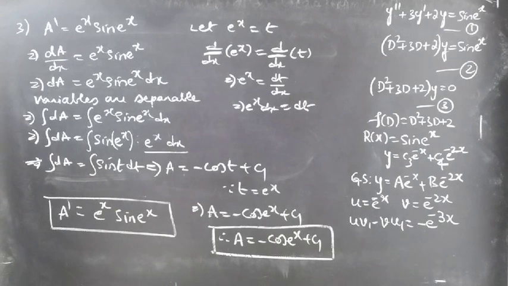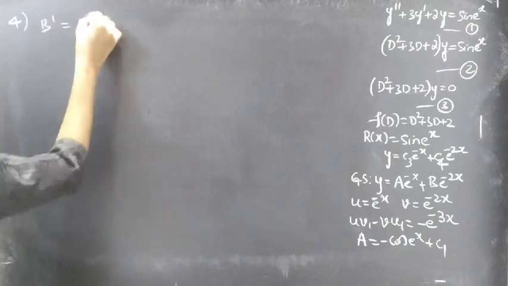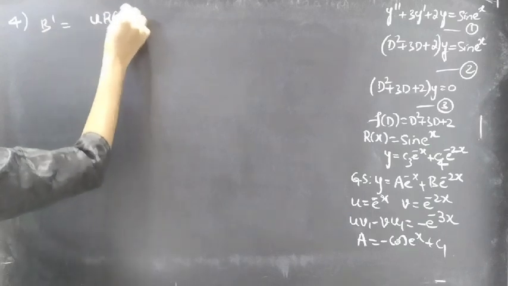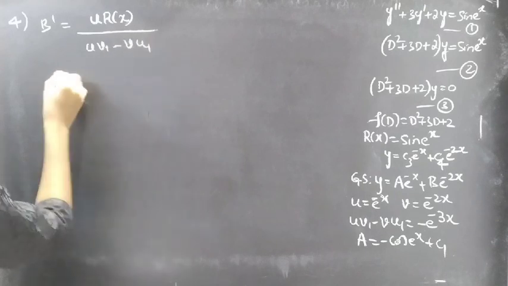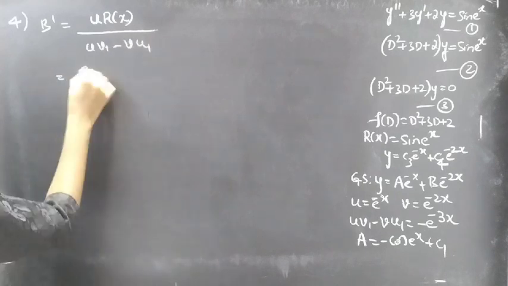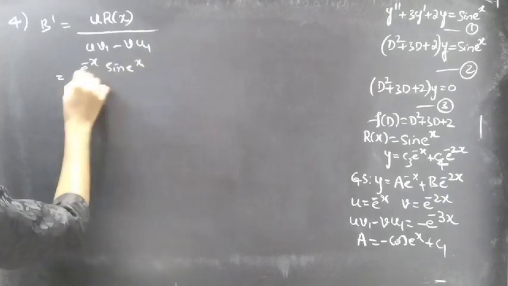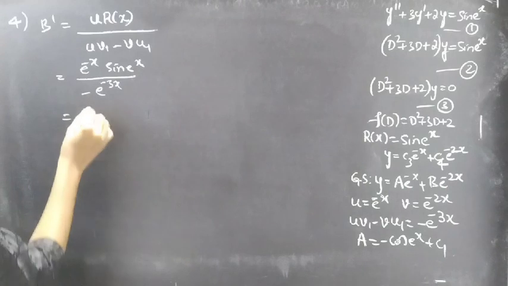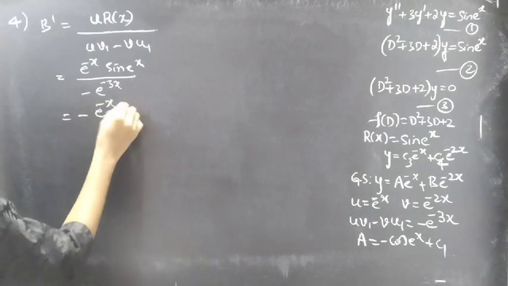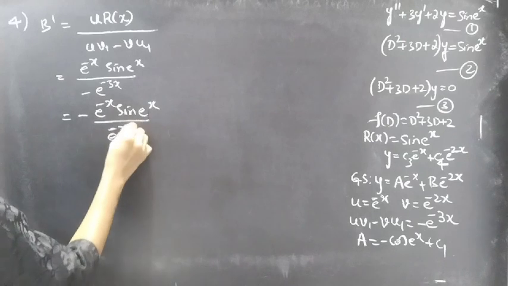Let's now find b dash and b. B dash is given by u into r of x by uv1 minus v1, where u is e power minus x, r of x is sine e power x, and uv1 minus v1 is minus e power minus 3x. This equals minus e power minus x sine e power x by e power minus 3x.